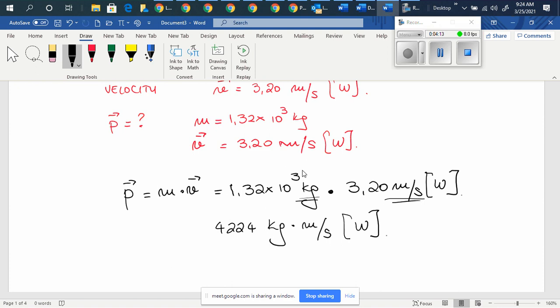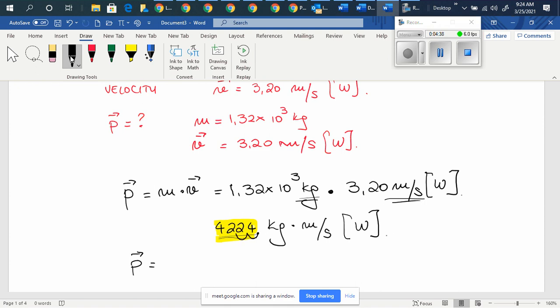Now, the number that the calculator gives us has 4 significant digits. However, in our question, everything was given to 3 significant digits, so the lowest is 3. Therefore, the answer will be expressed in 3 significant digits. So what do we do in this case?